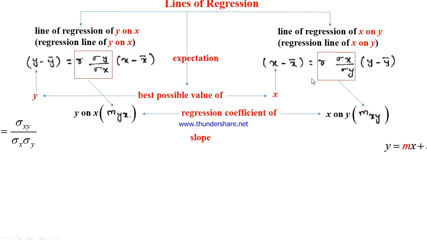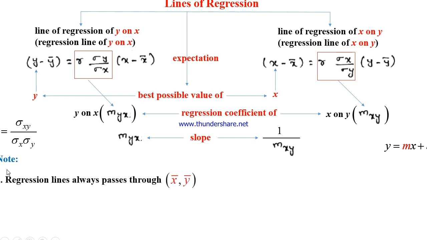Whereas for this straight line, the coefficient of x is found by taking this to the left hand side, that is 1 divided by r sigma x by sigma y is the slope of this straight line, which means for this equation, the regression coefficient myx itself becomes the slope, whereas for this second equation, the reciprocal of the regression coefficient becomes the slope.